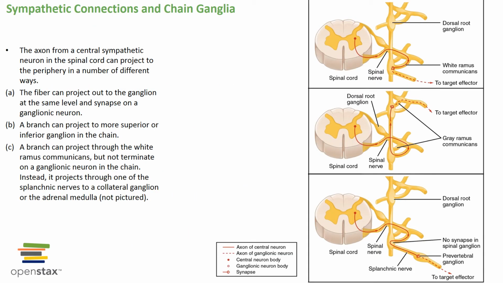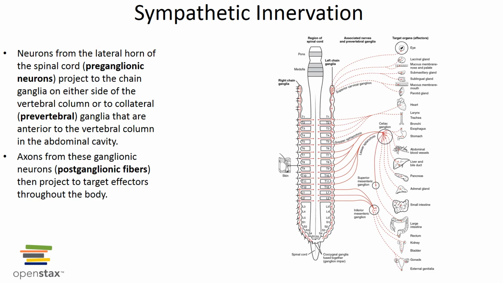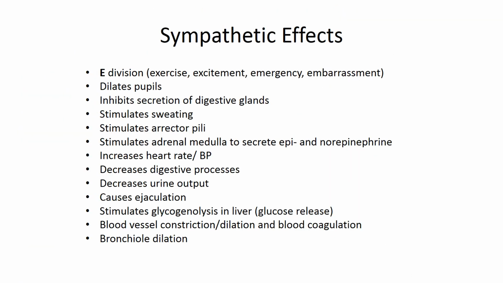Here's the chain ganglia for the sympathetic connections. And this shows you the sympathetic innervation with the difference in the preganglionic and the postganglionic fibers. These are the 4 E's that I mentioned and some of the effects you will see with the sympathetic nervous system, like dilating pupils, increasing heart rate, decreasing digestive processes.